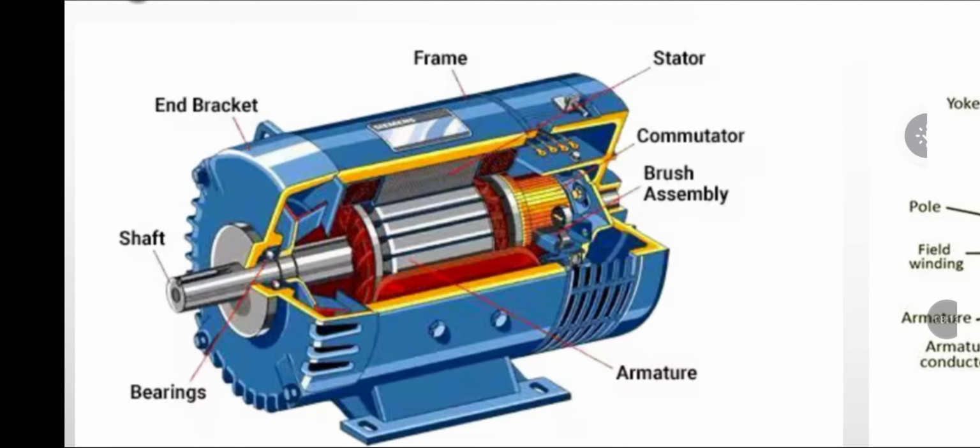Now the armature is this, just see, and there is a shaft, bearing is also there, and bracket is there, frame is the outer body of this generator, stator is there, commutator and brush assembly. So these are the parts which are essential to construct the generator.